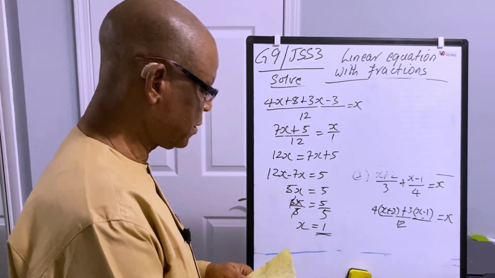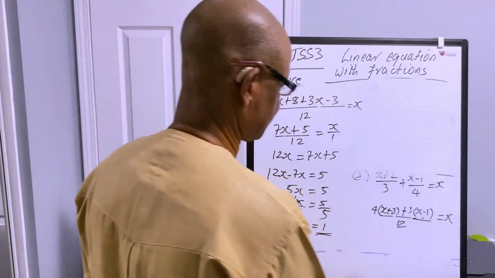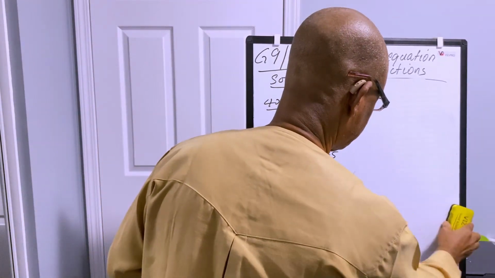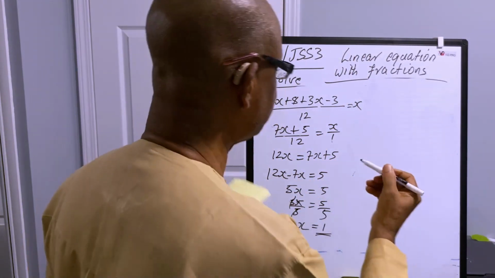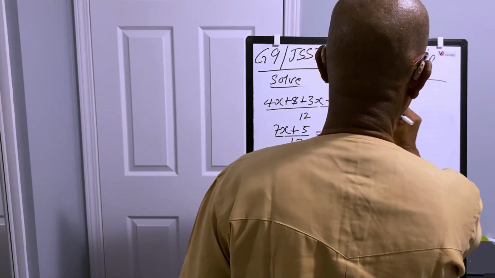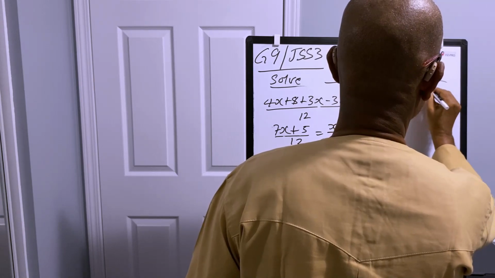Let us still go on and have more examples so that you'll be versatile in this aspect of mathematics. Here we have 11 over 3x minus 2 is equal to 1 over 2.